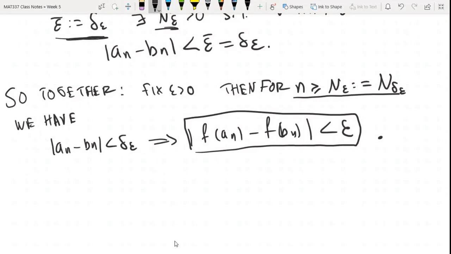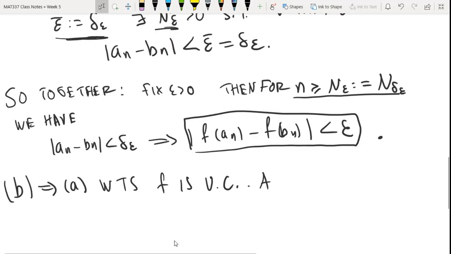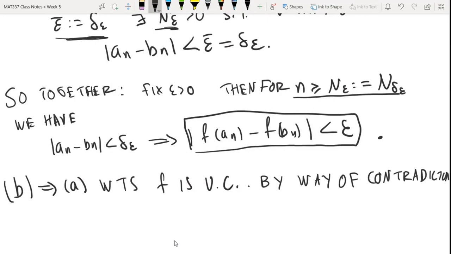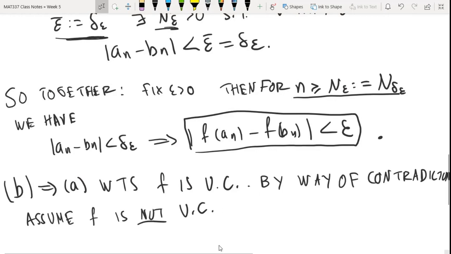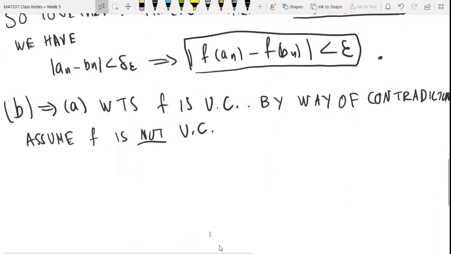All right, now in reverse. Want to show that f is uniformly continuous. So by way of contradiction, assume f is not UC. Okay. All right, what does that mean?